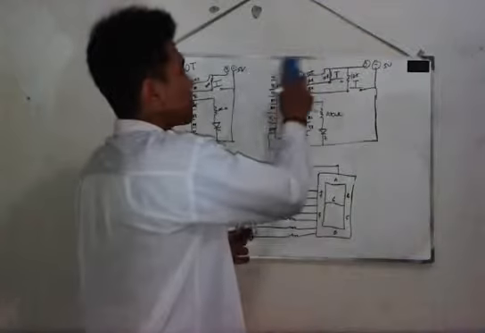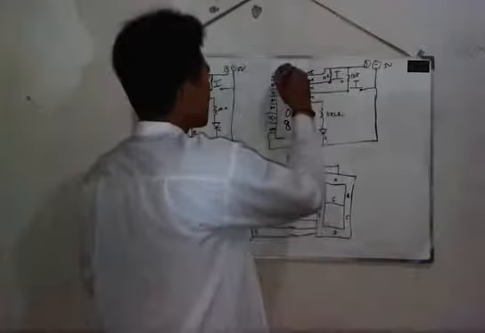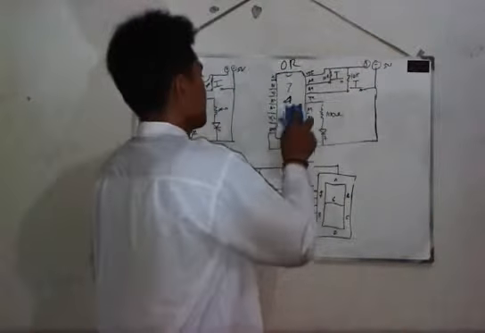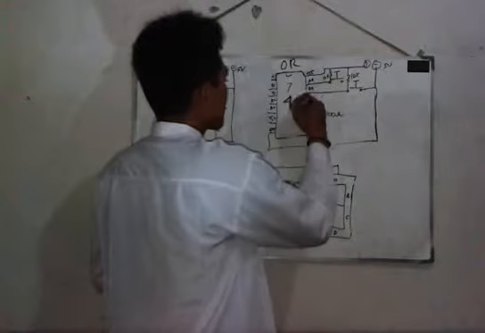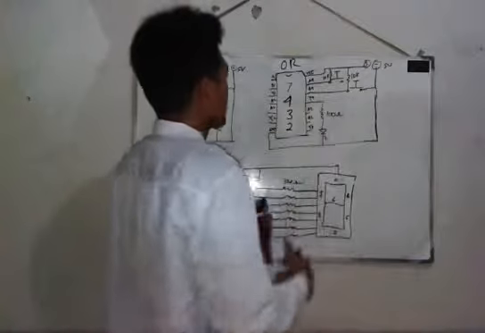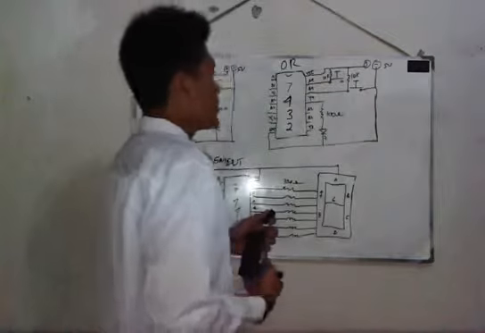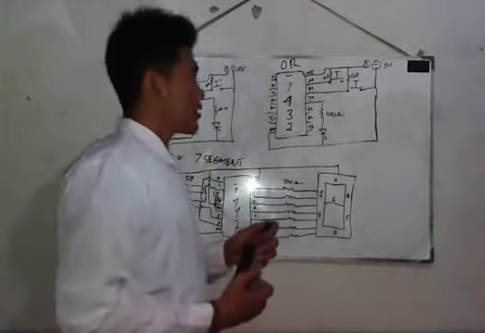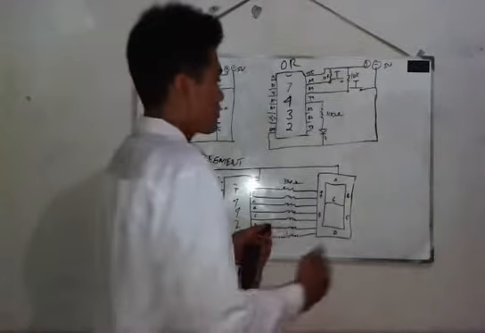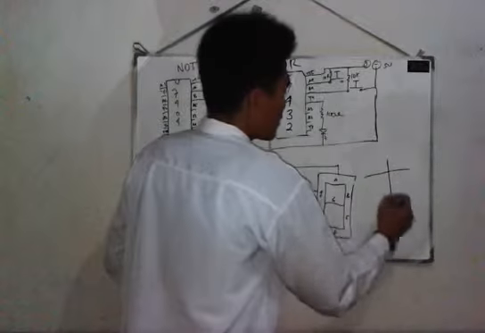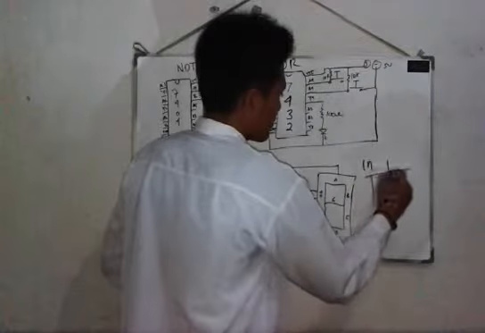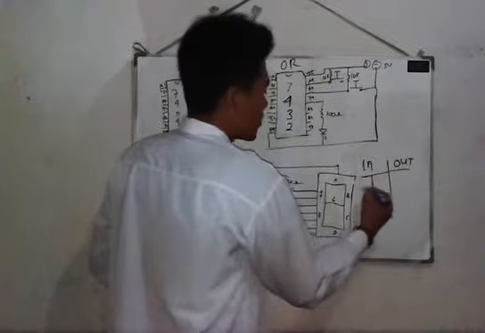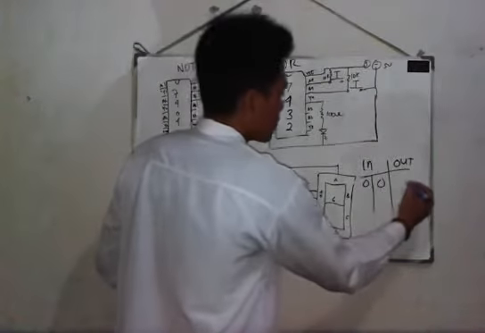And I'll tell you about the OR gate. We know that in the OR gate, we use IC 7432, and then the datasheet is: if both inputs are 0, the output will be 0.